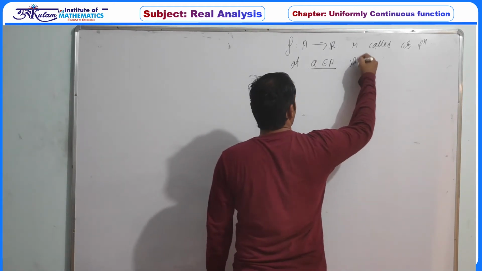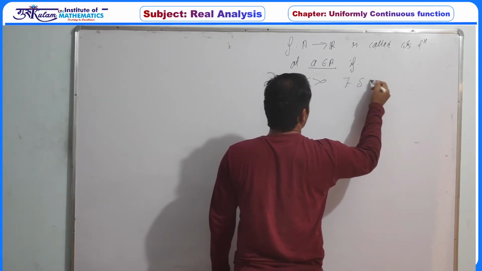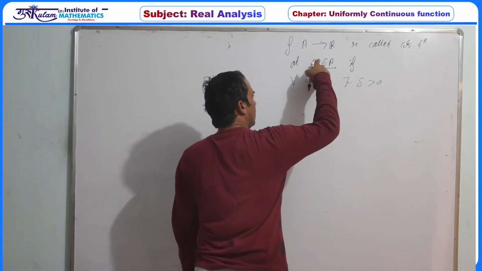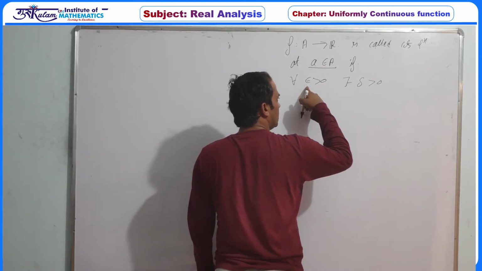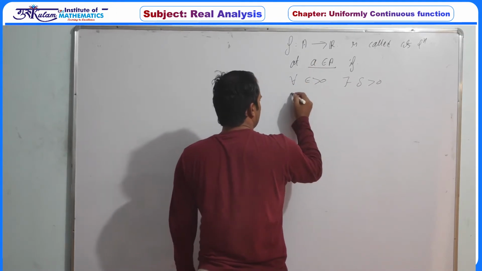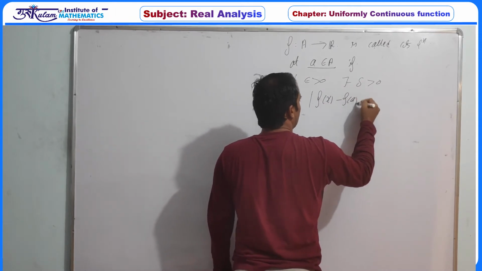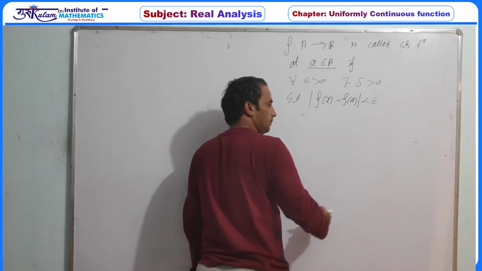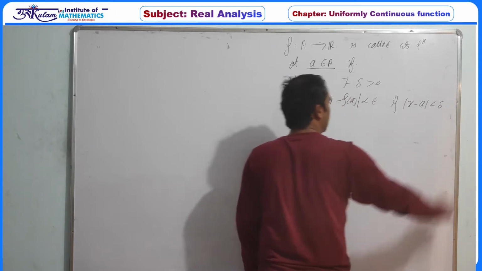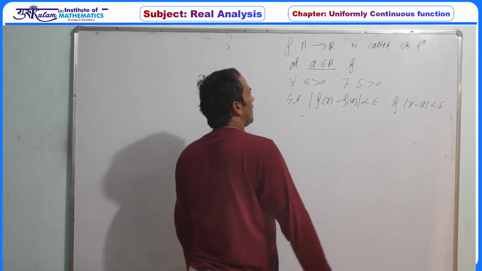For every epsilon greater than 0 there is a delta greater than 0, where this delta depends on a and also on epsilon, that is, it can be a function of a and epsilon, such that the distance between images f(x) and f(a) is less than epsilon whenever the distance between x and a is less than delta.